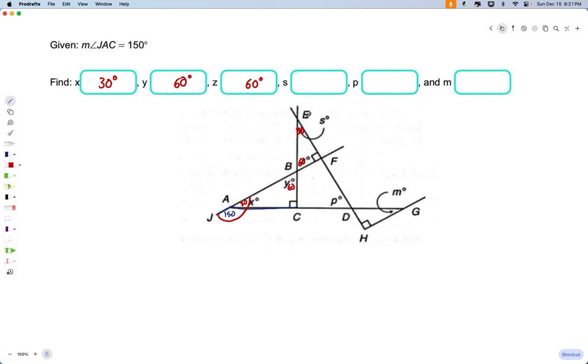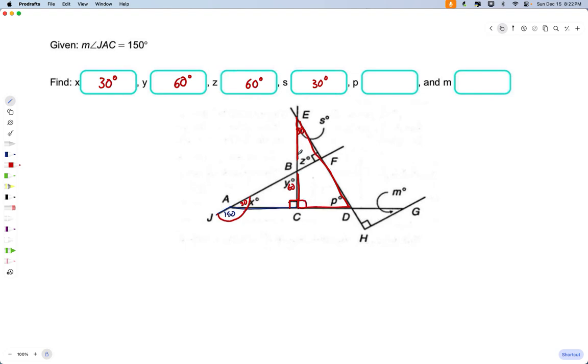Now, if you look at the bigger picture, you've got a big triangle right here. This one doesn't matter anymore. Z doesn't matter. But this right here, this perpendicular, tells me that this is perpendicular also. So this is 90 degrees, and this one's 30 degrees, so that means P is 60 degrees.